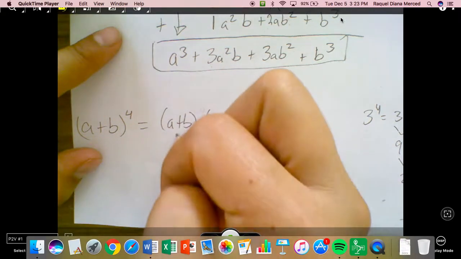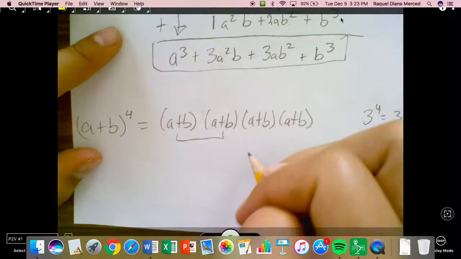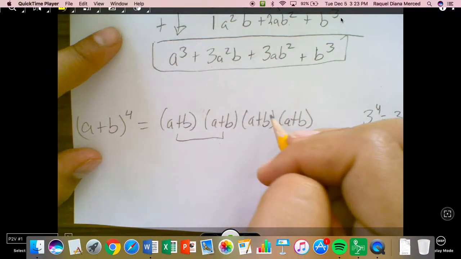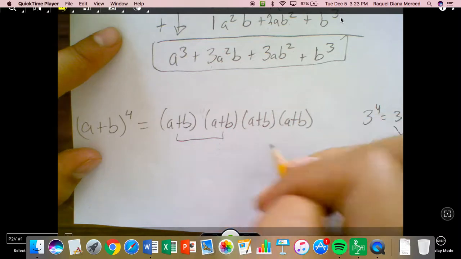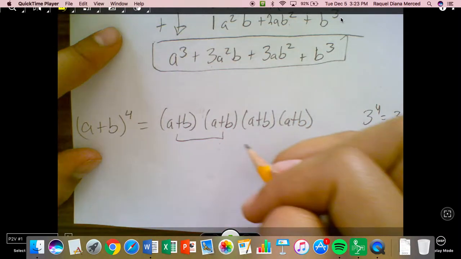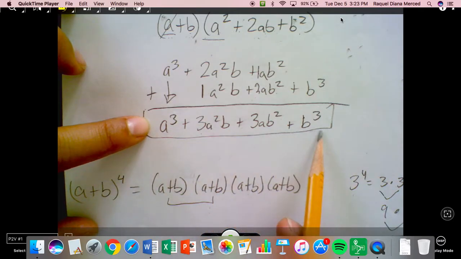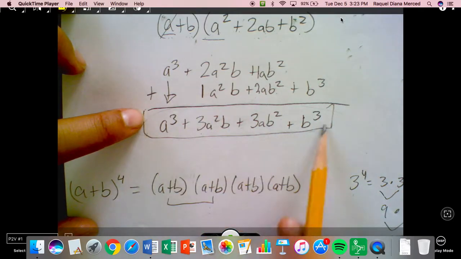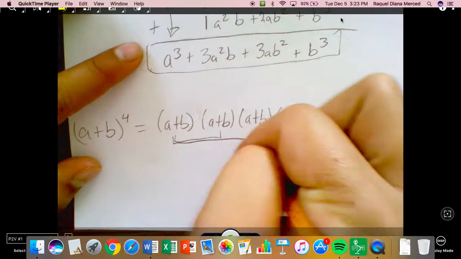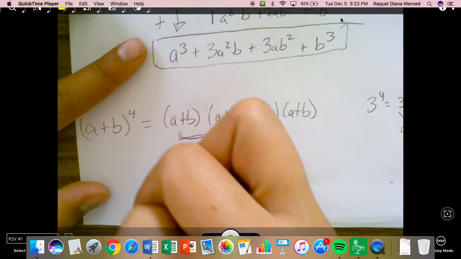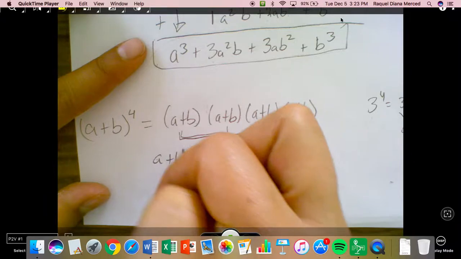I would first multiply these together, then add another one, then multiply another one in, and then once I get that, multiply the last one in. I already kind of did that here. So this last expansion that we created is basically all these three multiplied together. So I just need to multiply the last one in.